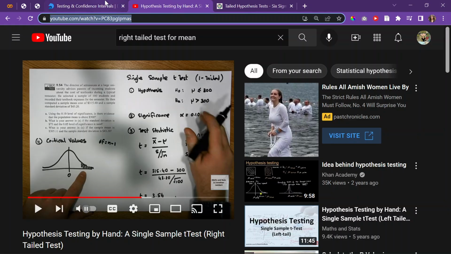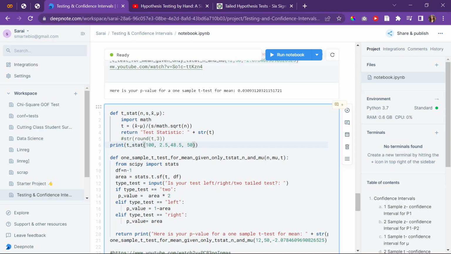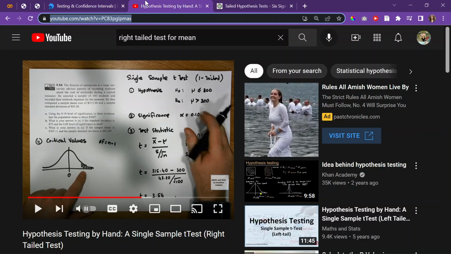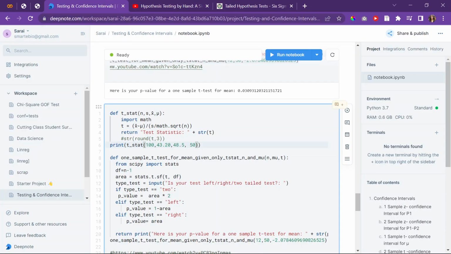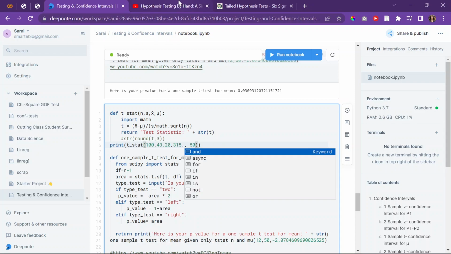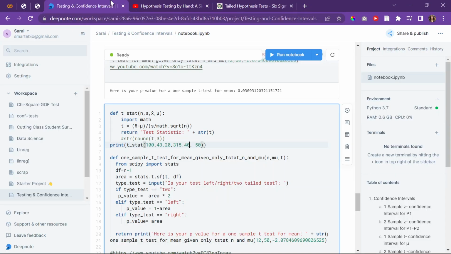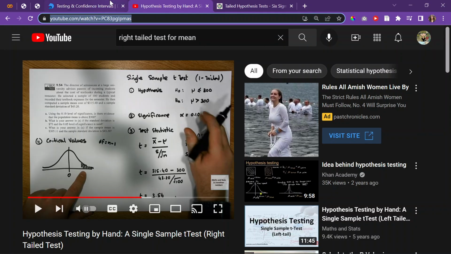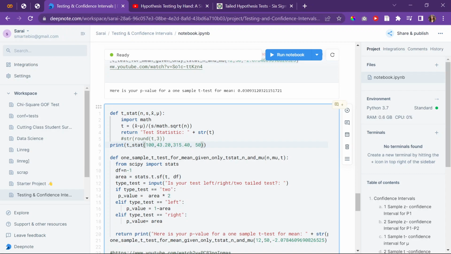The standard deviation is 43.20. The mean cost is $315.40. And it is known to be $300.